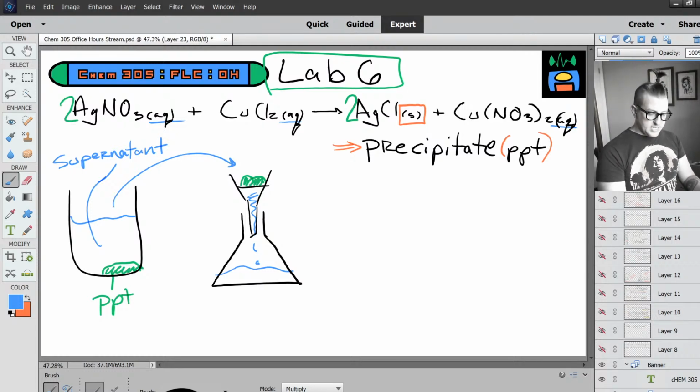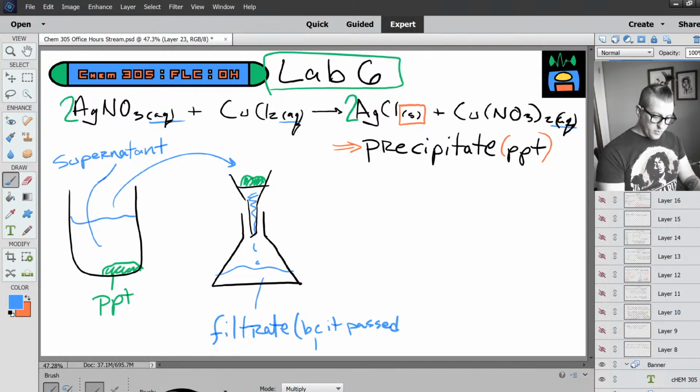Once you've separated the two, the liquid down in here is now called a filtrate. It's called a filtrate because it passed through filter paper.